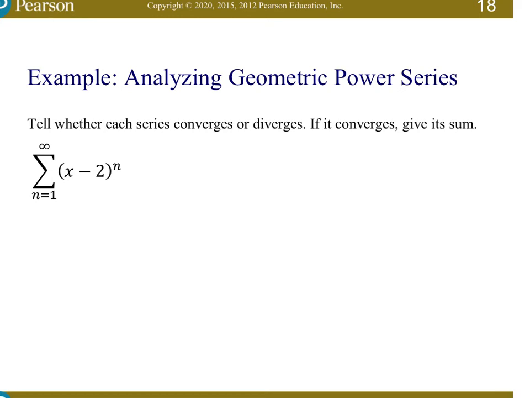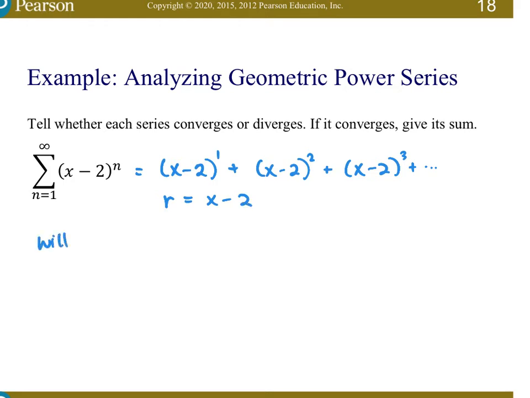Here's another power series. The first term of this power series is x minus 2 to the first. The second term is x minus 2 to the second. The third term, x minus 2 to the third. So the r value is equal to the expression x minus 2. So we can say this power series, this geometric power series, will converge only if the absolute value of x minus 2 stays less than 1.